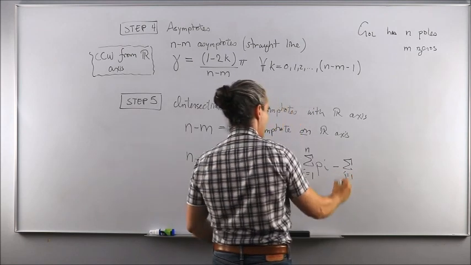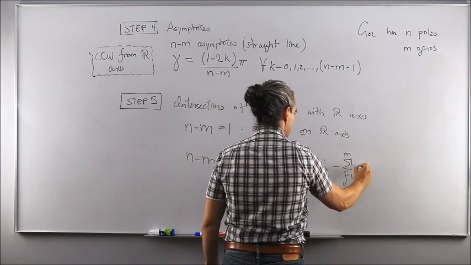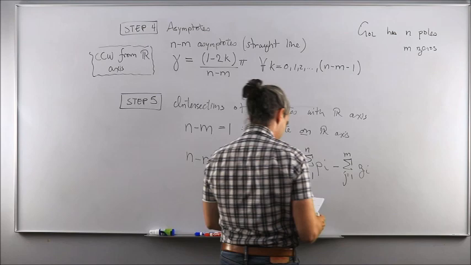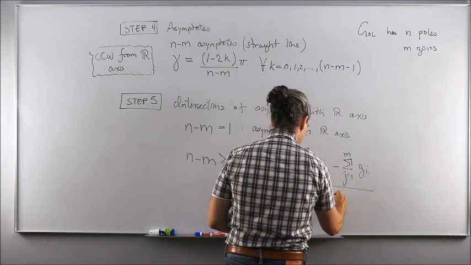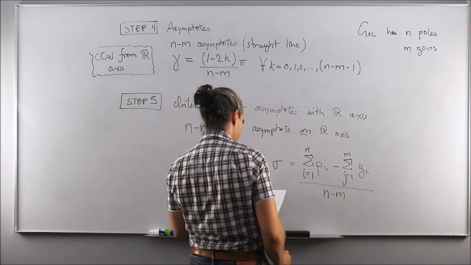How many zeros we have? We have m zeros, like that. And you're going to divide that with n minus m, or the number of asymptotes.